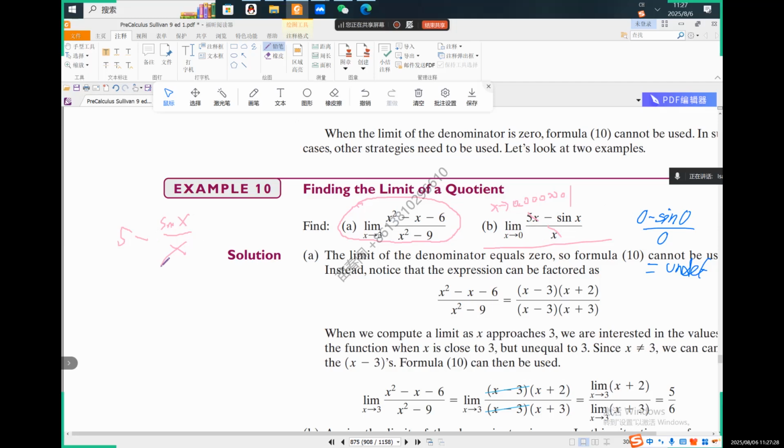The limit of 5 is just 5, and this one we already did: sine x over x when x approaches 0 is 1. So it's 5 minus 1, which is 4, the final limit.